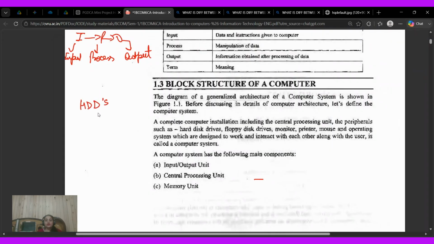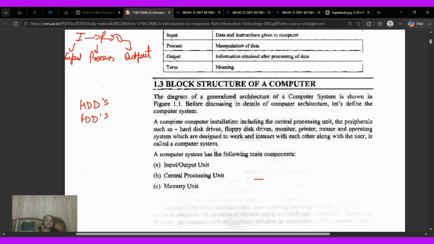Floppy disk drives, FDDs. And monitor, printer, mouse, and operating system, which are designed to work and interact with each other along with the user, is called the computer system. The peripherals mean the side things, but these are very important. Hard disk is the memory storage.